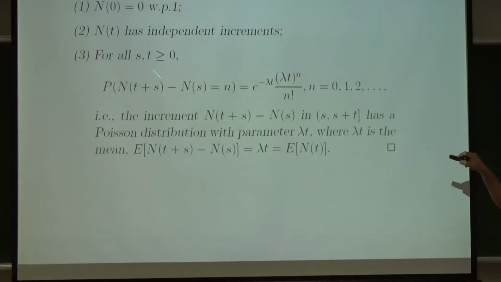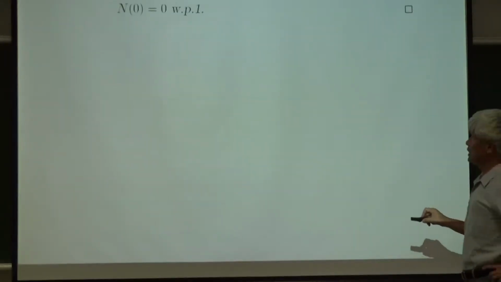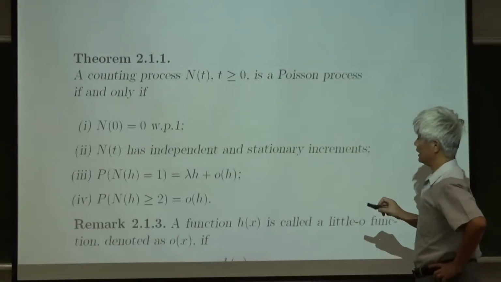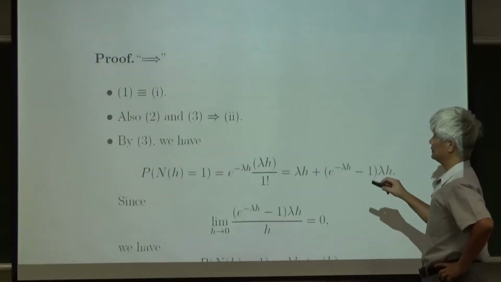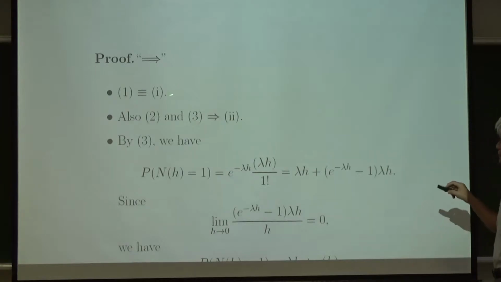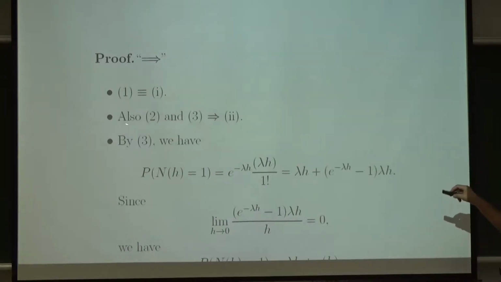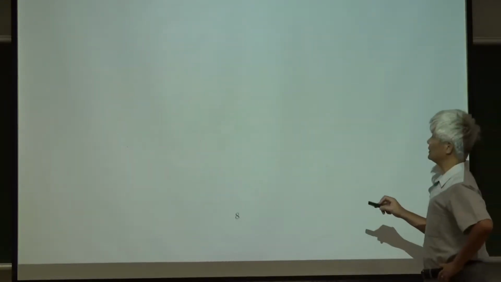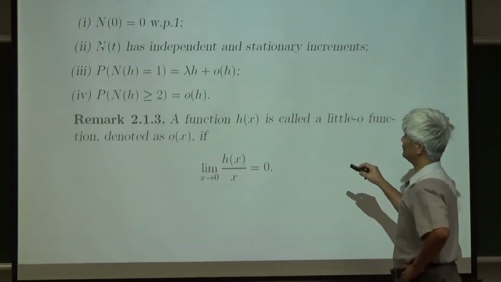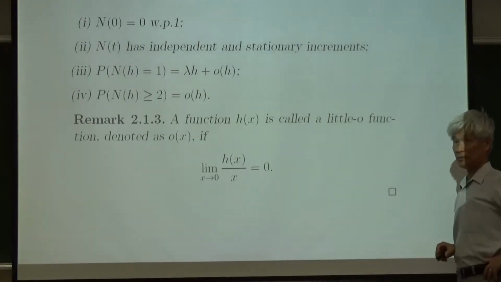So now we have these three properties. The first property is equivalent to Roman 1. And also the second and third properties imply Roman number 2, because the Poisson process has independent and stationary increments.